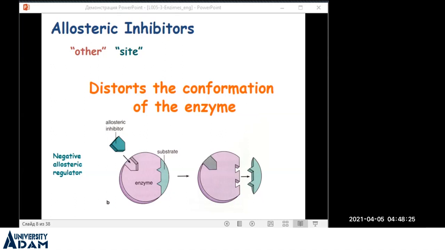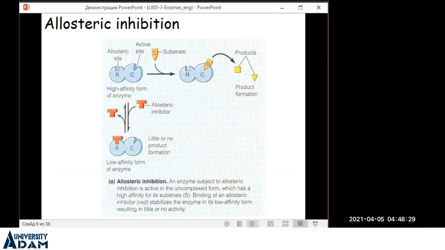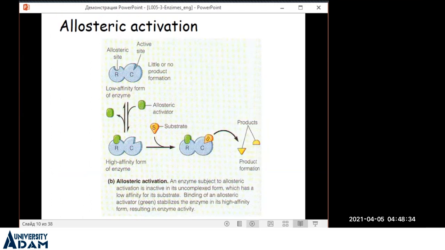Okay, next. Allosteric inhibition. It's just a repeat of what we talked about before. We can also talk about allosteric activation, because allosteric activation is linked with the possibility of an allosteric activator connecting with the allosteric site.